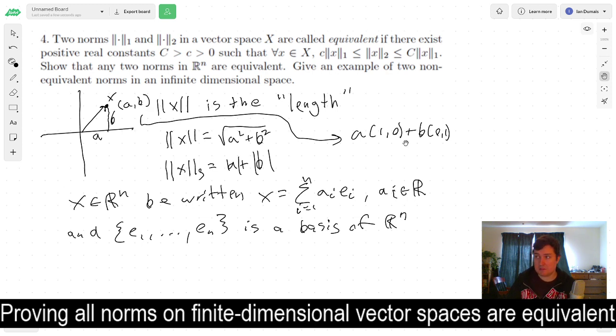And that equals (a, b). Same idea here, but we don't need these to be our standard basis vectors. You just say they're basis vectors. I believe there are many ways we could make a basis for Rn. Anyway, so now that that's out of the way, let me formally define what I'm going to call norm 3.